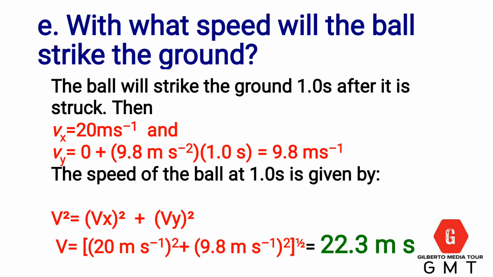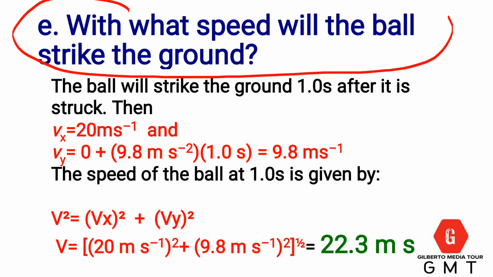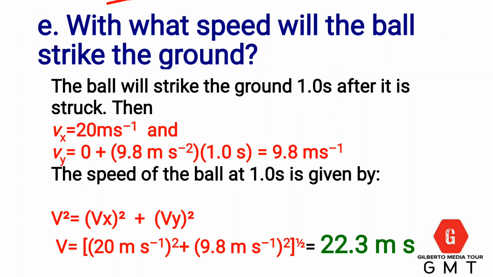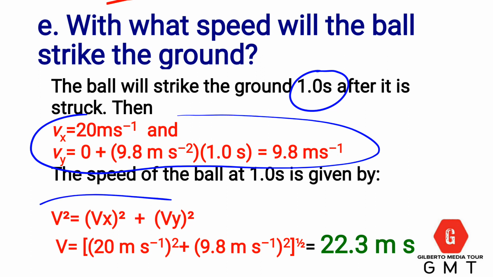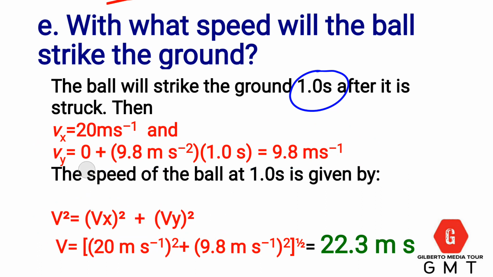The last question: with what speed will the ball strike the ground? We know that the time the ball strikes the ground is 1.0 second. We know how we have calculated the time used. So we have Vx and Vy. We can calculate Vy by using Gt with 1 second.